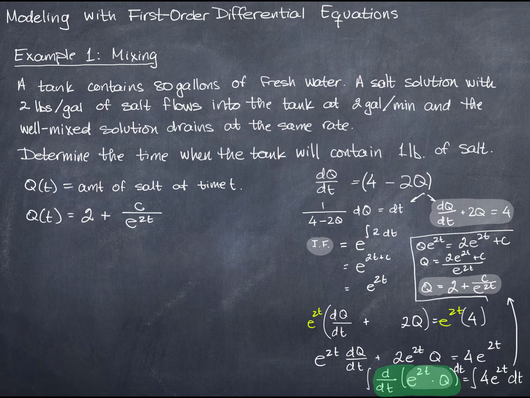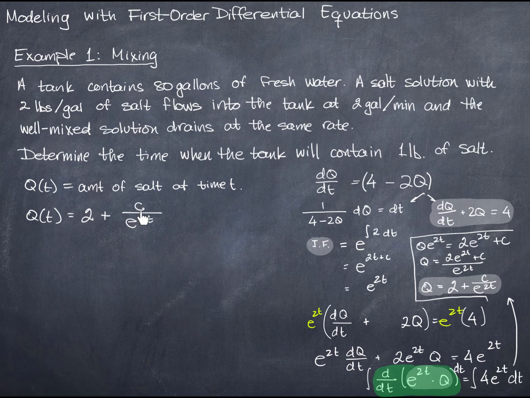And in this case, we need to use the rest of the information in this question to figure out what c is. Now the question is, determine the time when the tank will contain 1 pound of salt. So I need to put in a 1 for Q of t, the amount of salt at time t, and then solve the problem for t.